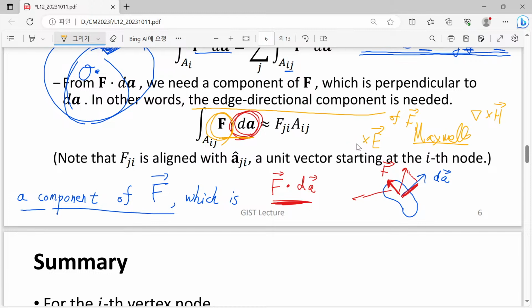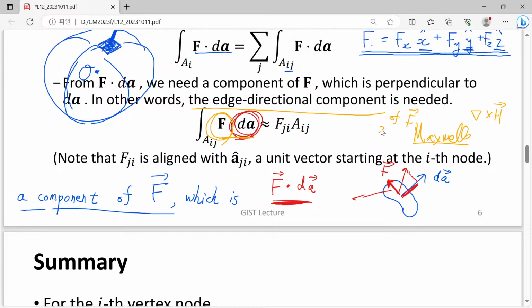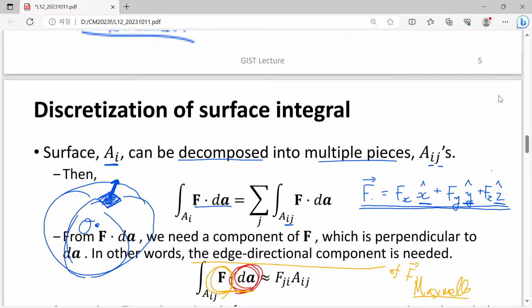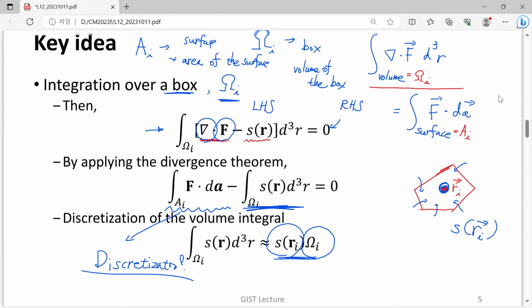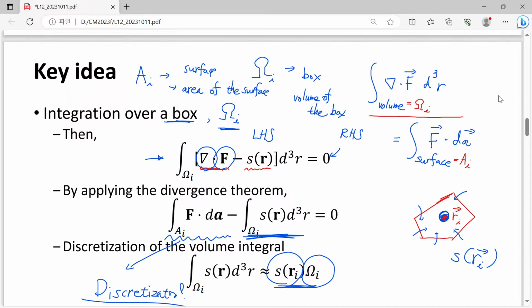If we have these operators in our equation, then this scheme immediately fails, because the general form we are considering right now contains just the divergence of a vector field.